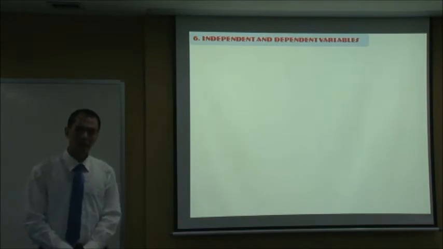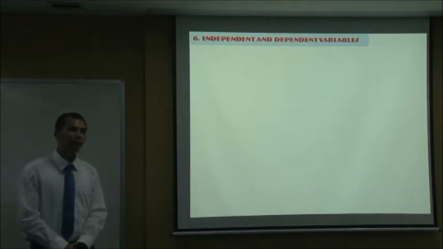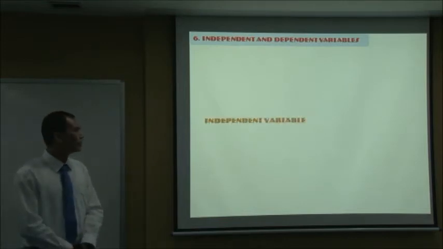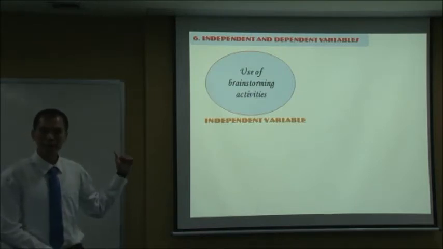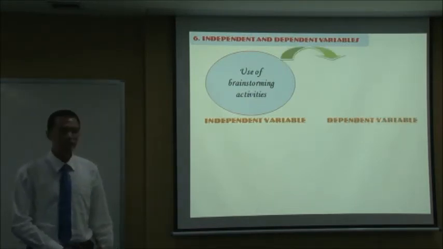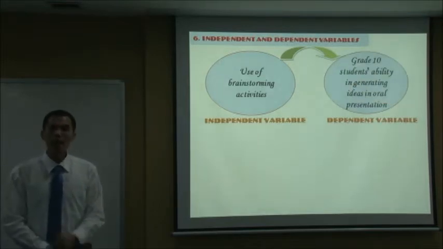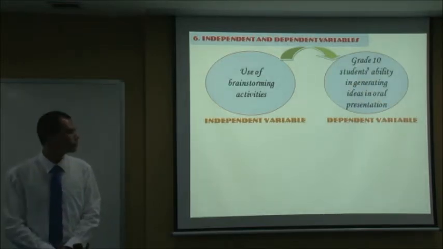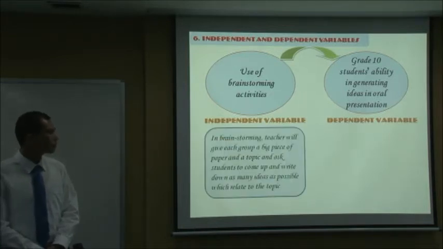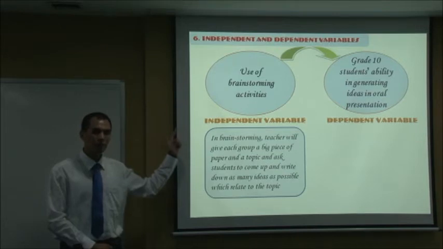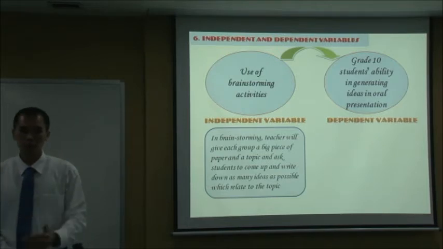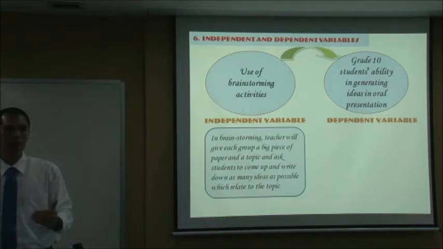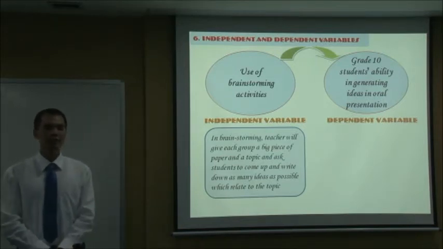The sixth part of my action research proposal is the independent and dependent variables. The independent variable is my use of brainstorming activity. The dependent variable is grade 10 students' ability in generating ideas in oral presentation. For the independent variable, the teacher gives students a piece of paper and a topic and asks them to write out as many ideas as possible related to the topic.